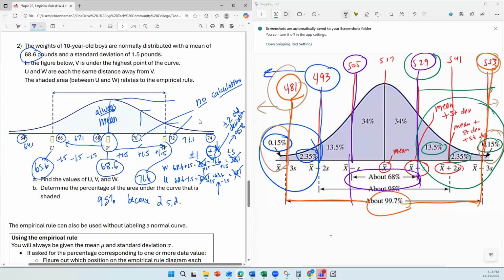If it was one standard deviation on each side, so if it was the 70.1 and 67.1, that would be 68%. This one is the 95%. And if it went all the way out to 3 on each side, it would be the 99.7. So that's working with the empirical rule with labeling a curve.